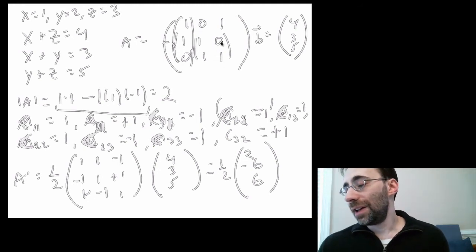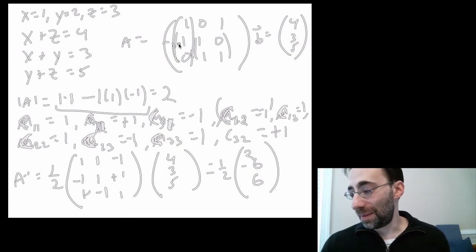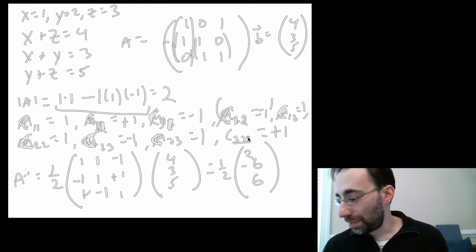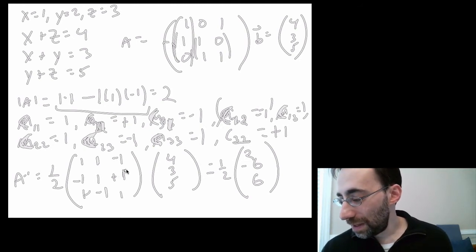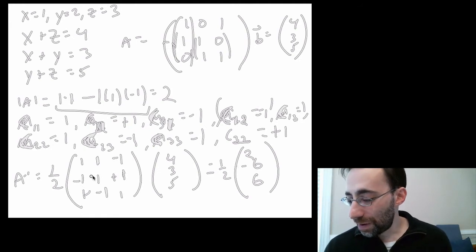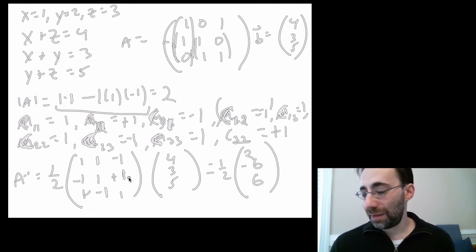No, I'm sorry, I did it. So it's 0 times 1 minus 1 times 1 is negative 1. You flip the sign because row plus column is an odd number. That gives you positive 1. So that means this is negative 4 plus 3 plus 5, which gives you negative 4 plus 8 is 4.